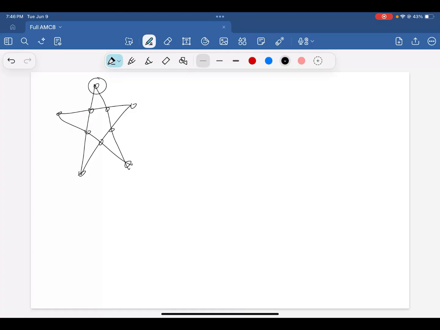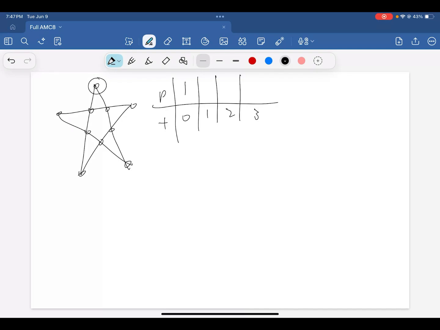So at position 0, let's say time equals 0, there's a 100% chance that she's at the outer points. Let's just label this. P is a probability. So we want the probability at t equals 3, after 3 moves.